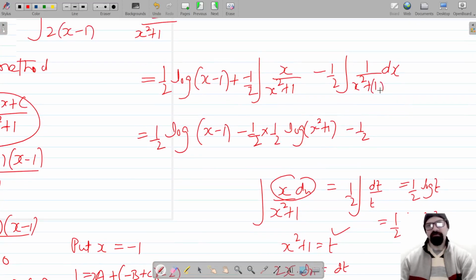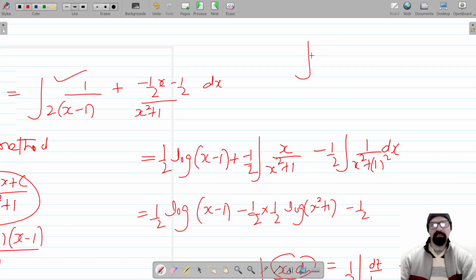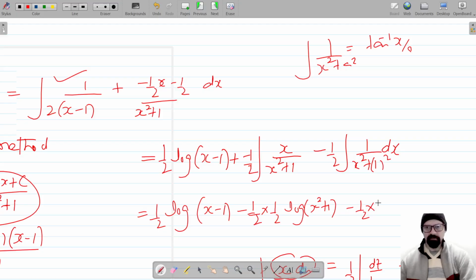This becomes half log of x squared plus 1 minus half. And this is of the form x squared plus a squared, and the integration of 1 upon x squared plus a squared is equal to tan inverse x by a. So I can write here tan inverse x, where a is 1.